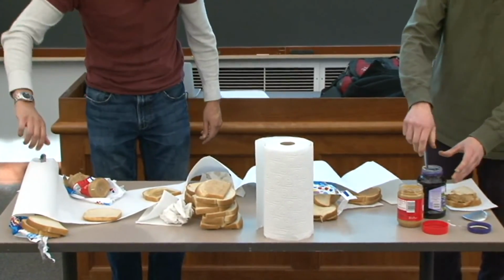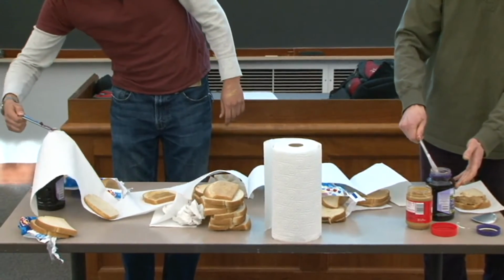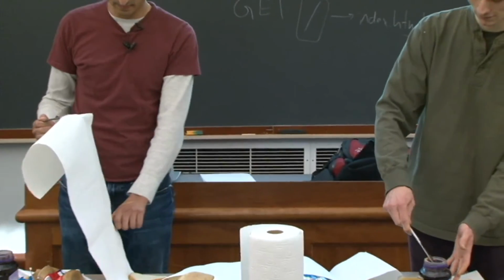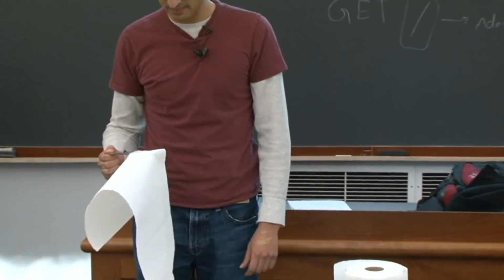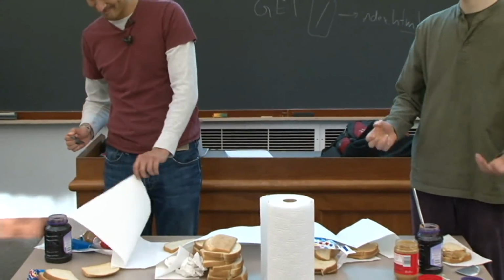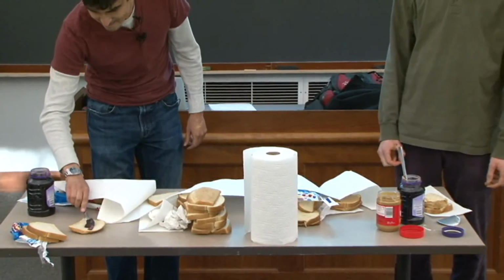Scoop out 2 tablespoons of jelly with knife. Spread evenly jelly on top side of the slice with no peanut butter. They both have peanut butter on them. See, it's nights like this where distance ed is really looking better, isn't it?